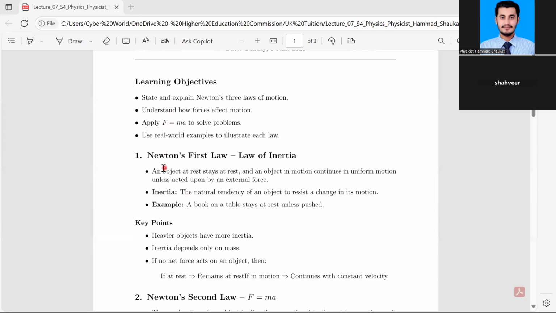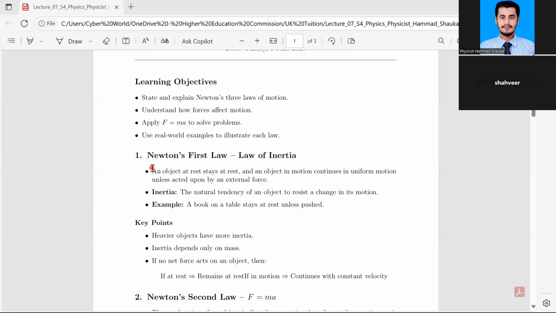So now let's move on. Starts with the Newton first law of motion. Basically, Newton's first law of motion tells us that if a body is at rest, it always remains at rest. And if a body is moving with constant or uniform motion, it always remains in uniform motion until no external force is provided.